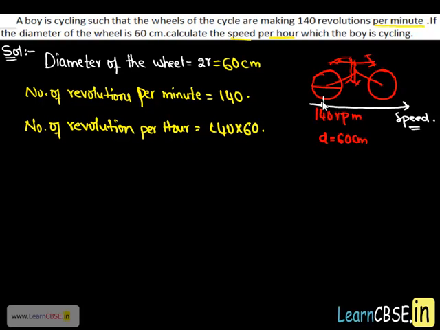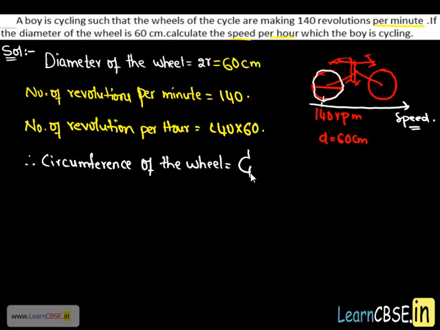For one complete revolution of the wheel, the distance travelled by the wheel is the circumference of the wheel. Therefore, we have the circumference of the wheel, let it be C, which is equal to 2 pi r.